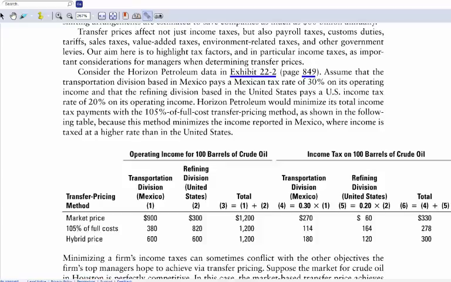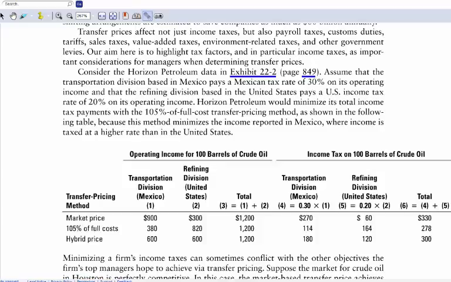Again, this is page 859 in the text. If we were to go back and pull up our data set that was on the prior pages that I also showed you in that supplemental PowerPoint that I uploaded, we're going to plot the operating incomes that resulted for the two individual subunits in this particular table, and we're going to calculate what the tax would be on these scenarios.